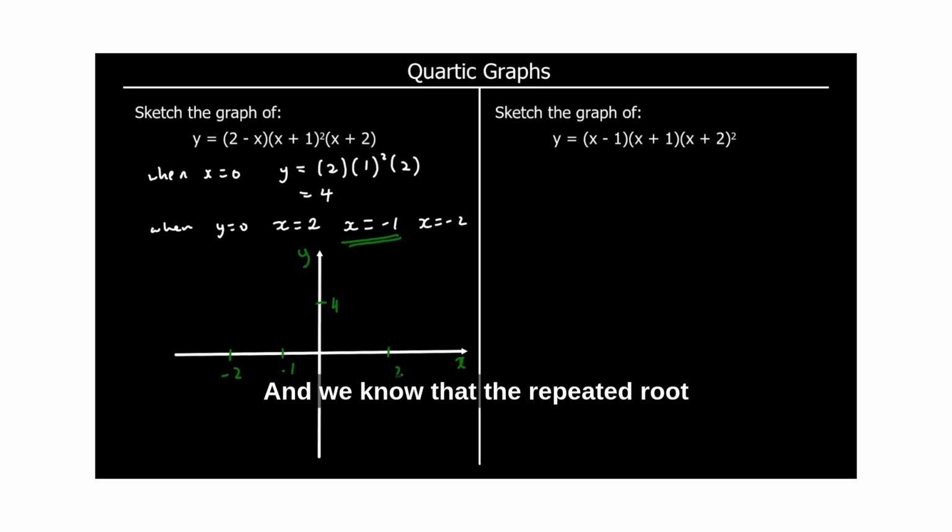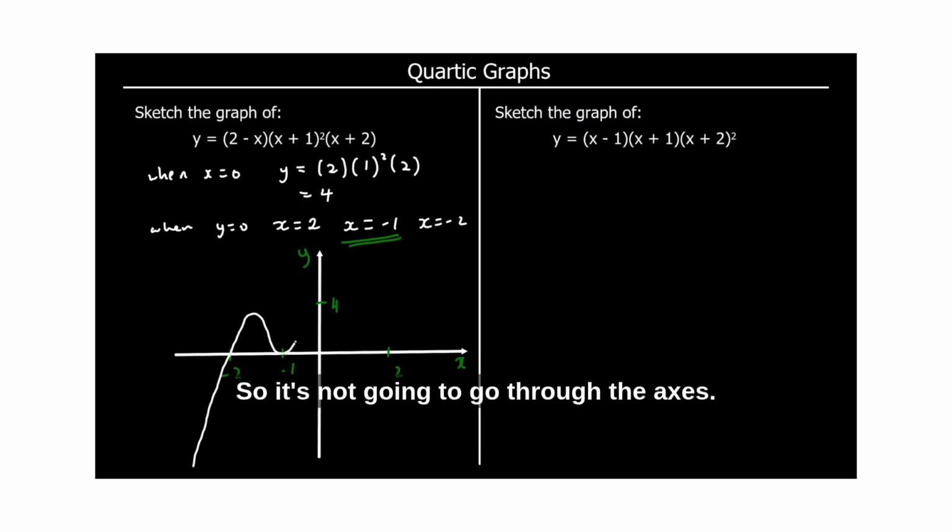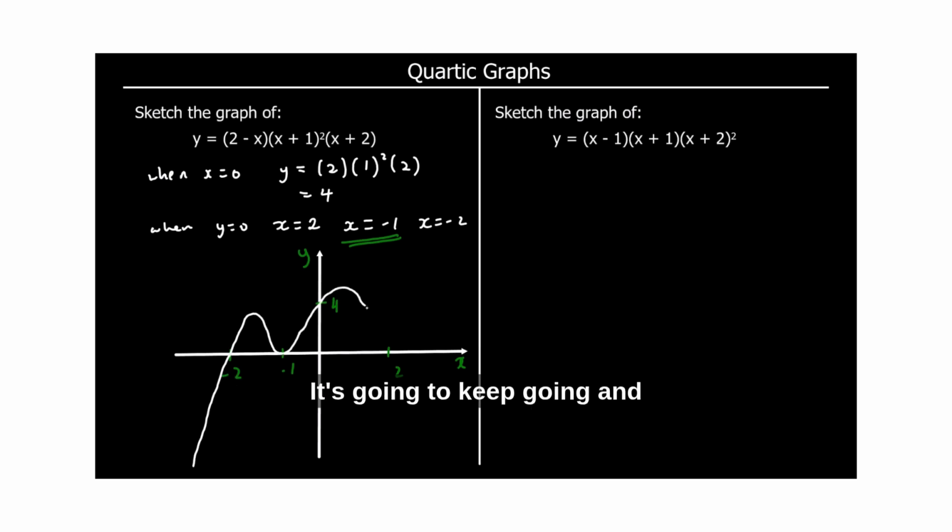And we know that the repeated root is the -1. So it's starting at the bottom. It's going through -2. It's going back to -1, but that's the repeated root, so it's not going to go through the axis. It's going to keep going. And then back down through 2.